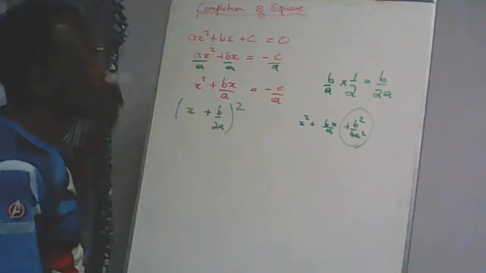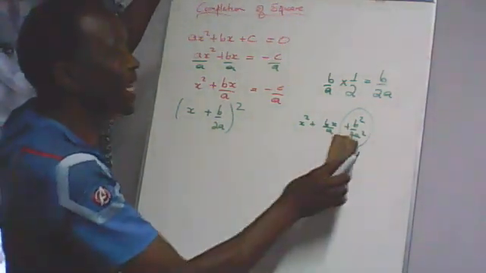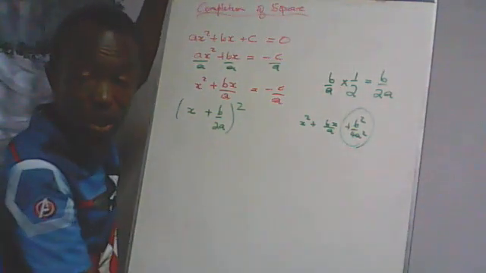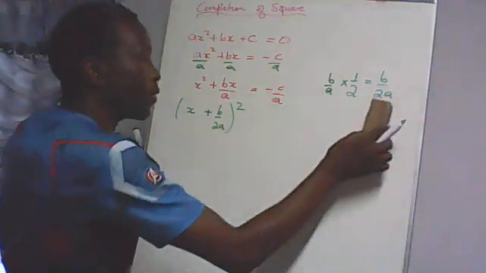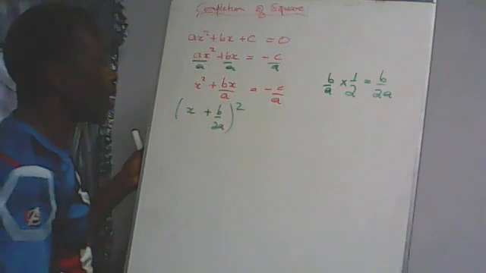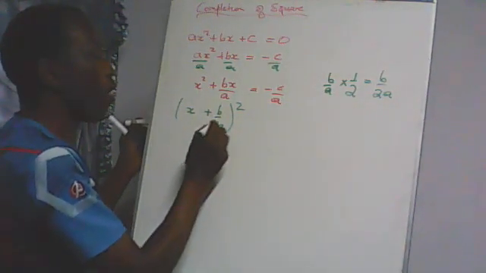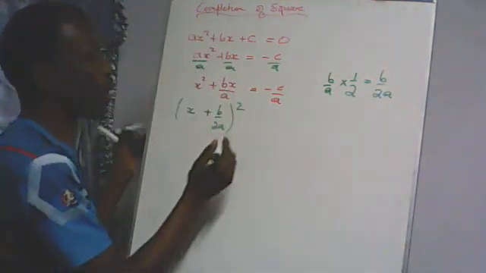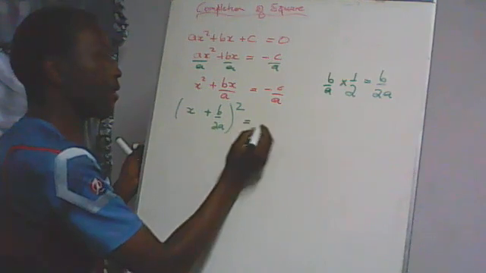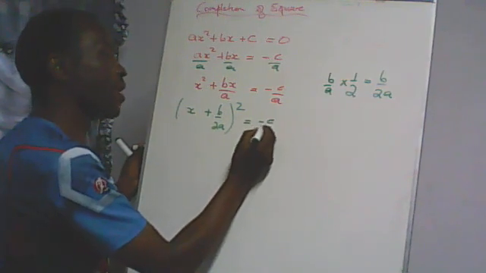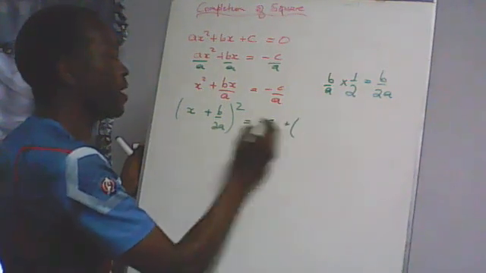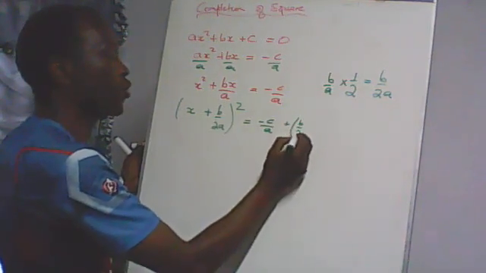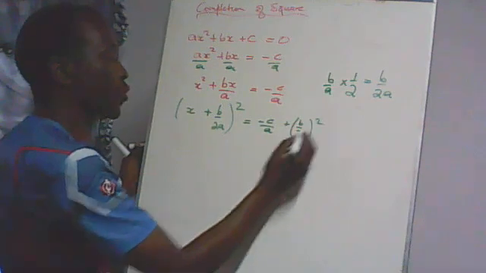That means we must also add this on that other side in order to balance the equation. So that is what we do. We add b over 2a all squared on both sides. Then this will be minus c over a plus b over 2a all squared.